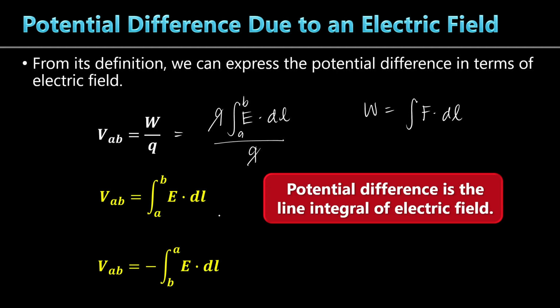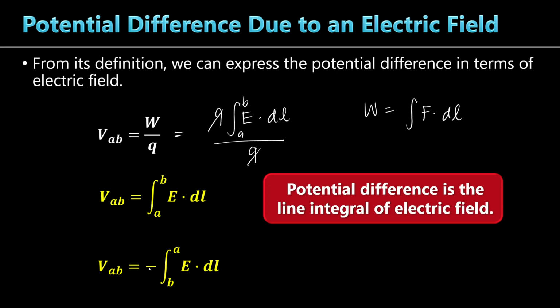In the first case, the charge has been moved from A to B by a force due to this electric field. In the second case, this potential difference is the work done per unit charge by an external force which moves the charge from B to A against this electric field.